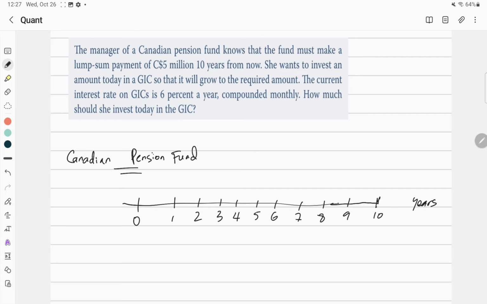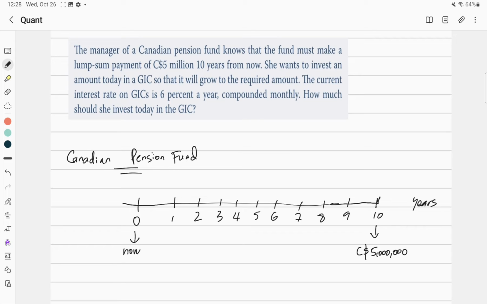So this fund has to pay a group of investors, or a single investor, 5 million Canadian dollars 10 years from now. This is now, and this is 10 years. So in 10 years, the fund has to pay 5 million Canadian dollars, right? That's the problem.